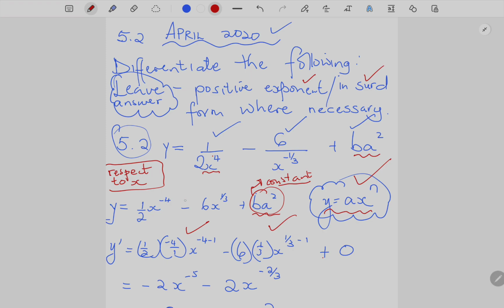So with the first term, there's a variable x. Second term, there's a variable x. Third term, there is no variable x. So if there is no variable x, it means b a squared is a constant, because there is no x. So what is the derivative of a constant? It is equal to 0. For as long as whatever is given does not have x, it remains a constant, so its derivative is going to be equal to 0.